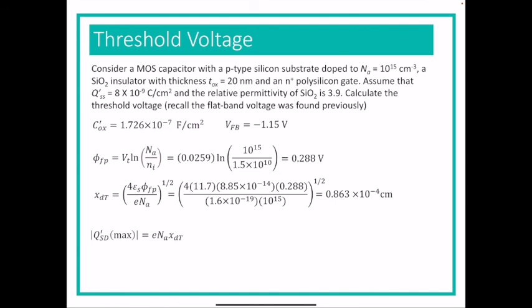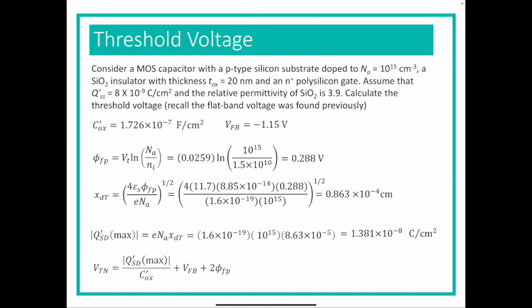And then we can calculate the charge just using the charge of an electron and the acceptor concentration we had given before, and the calculated width that we found, and we get 1.381 times 10^-8 coulombs per square centimeter. And then we put all that in the threshold voltage calculation, and we end up with minus 0.494 volts for the threshold voltage for this particular value.